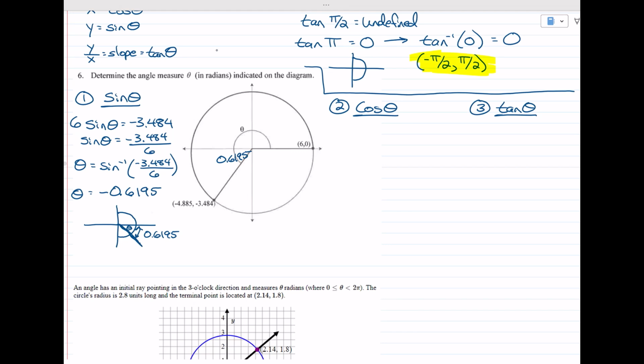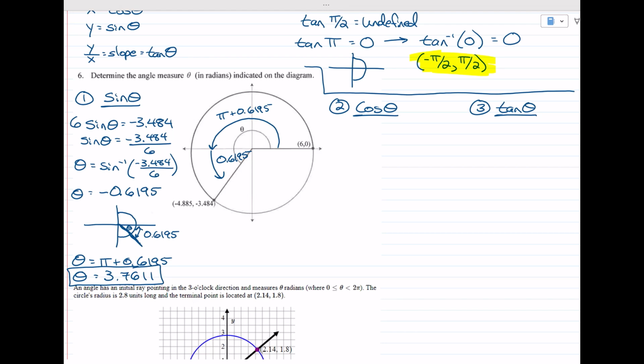And the whole angle would be pi radians plus 0.6195. So I'm going to do 0.6195 plus pi, and that equals 3.7611. That would be our angle.